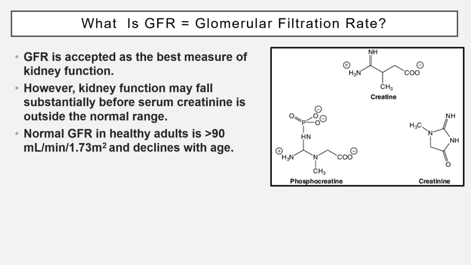So normal ranges, which is something I want y'all to know, is greater than 90 milliliters per minute per 1.73 square meters of body surface area, is the creatinine levels. And that declines with age for a number of reasons. So just make sure you understand the glomerular filtration rate.